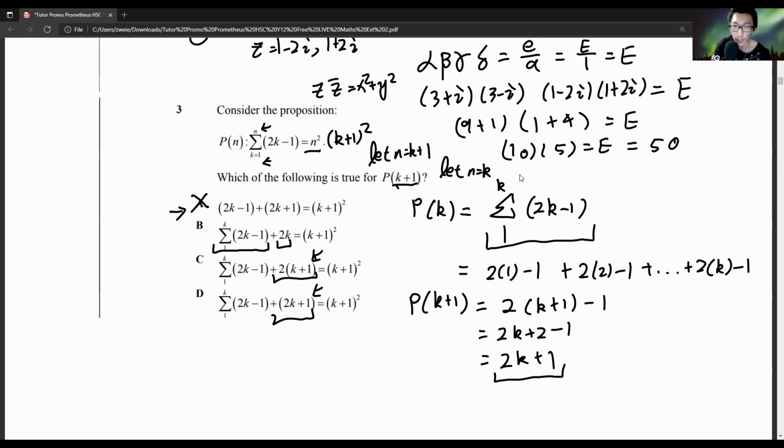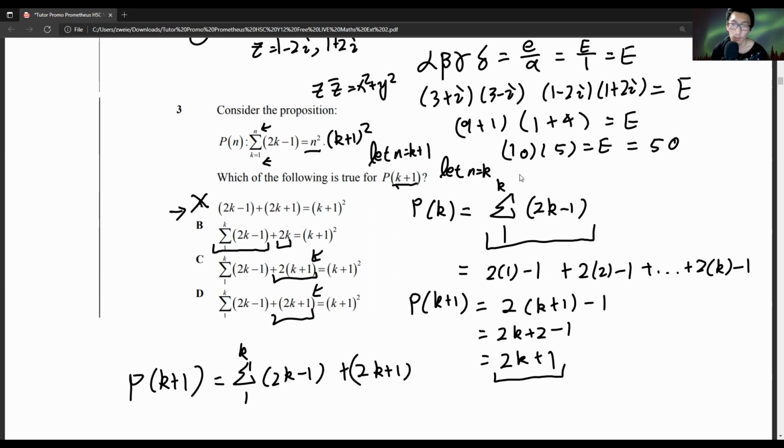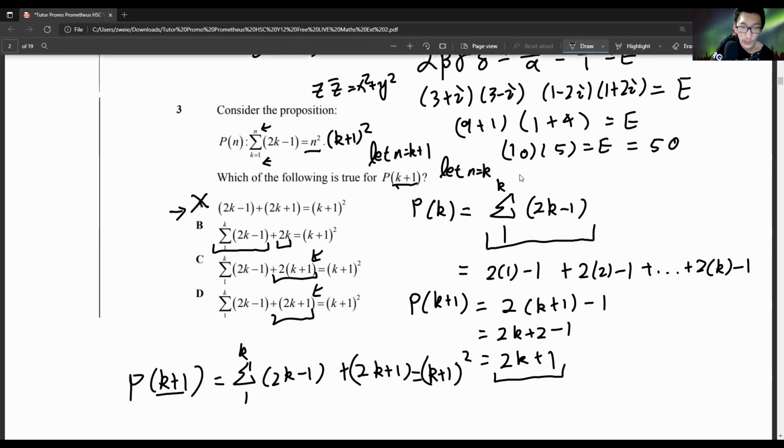But now our final proposition should be: the sum from 1 to k, which is the summation series and doesn't change, plus our k plus 1 term, which is 2k plus 1. And our right-hand side, because we are letting n equals k plus 1, is k plus 1 squared. So our option here should be D.